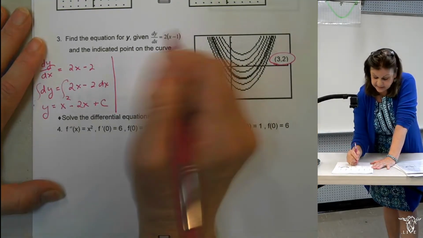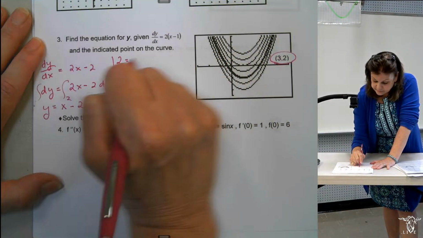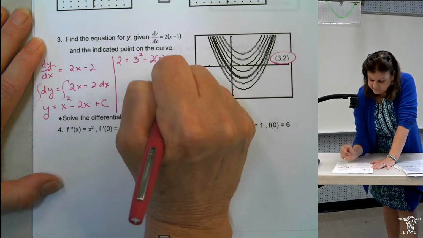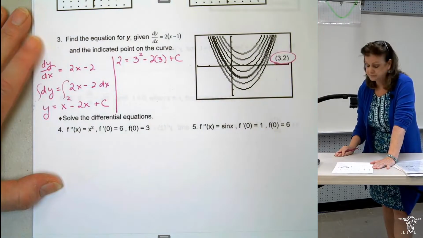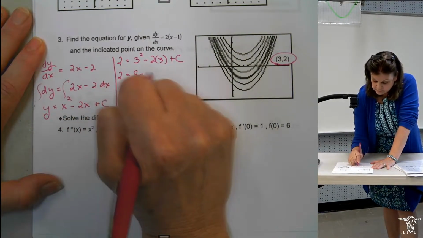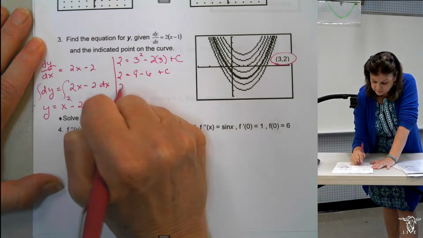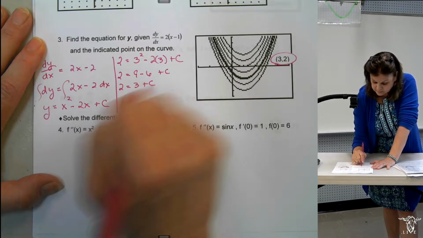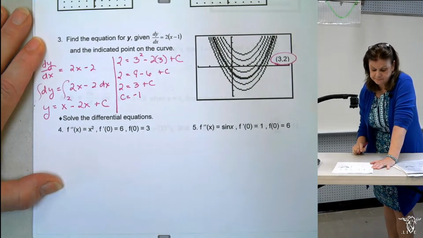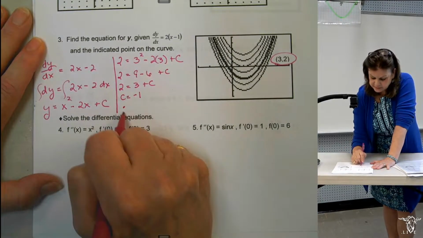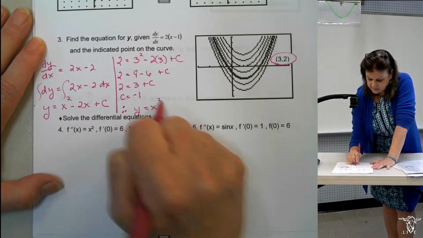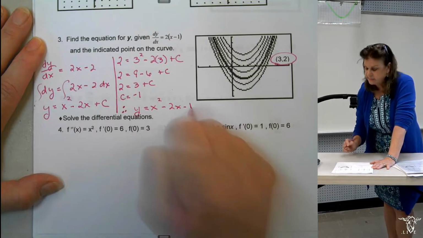So I'm going to plug that in and solve for C. Okay, easy enough. Therefore, our function is y equals x squared minus 2x minus 1.